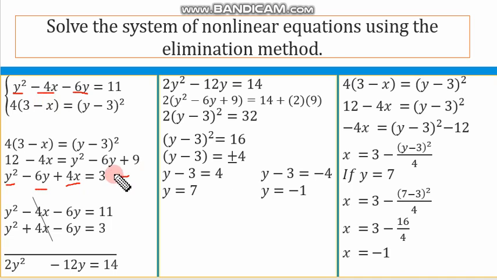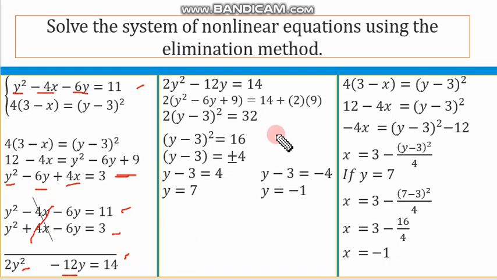And actually, the best variable to cancel in this equation is x. So y squared minus 4x minus 6y is equal to 11, our first equation. And then the new derived second equation, y squared plus 4x minus 6y equals 3. So, y squared plus y squared is 2y squared, negative 4x plus 4x cancels. Negative 6y minus 6y is negative 12y. 11 plus 3 is 14.